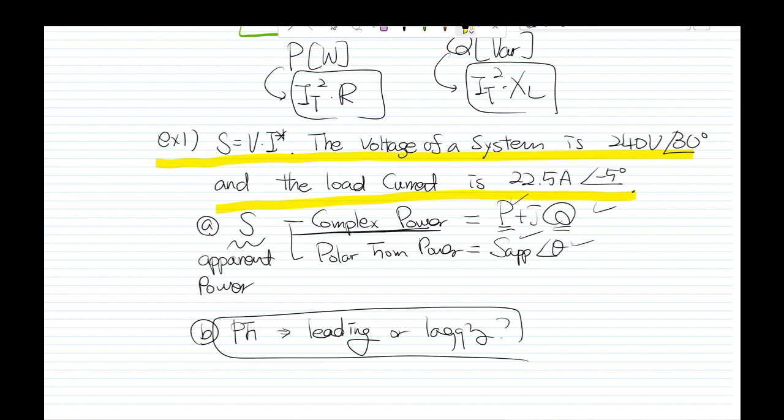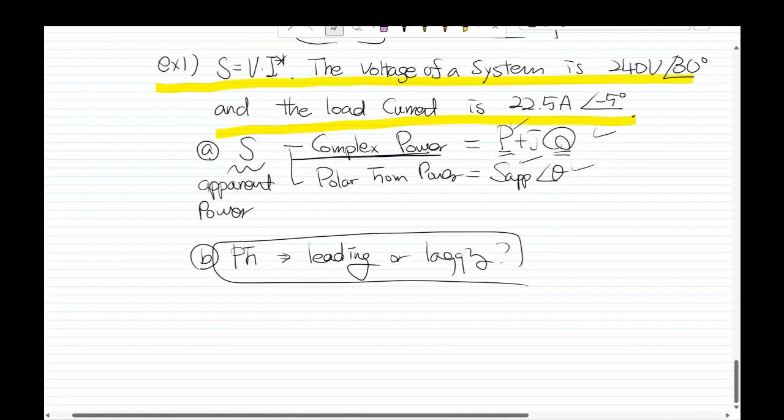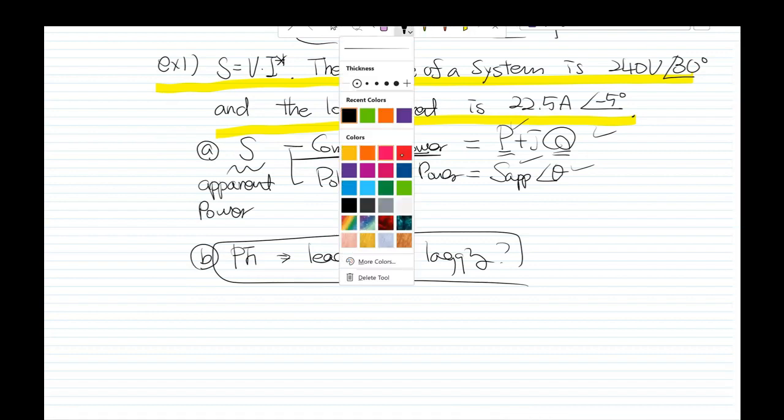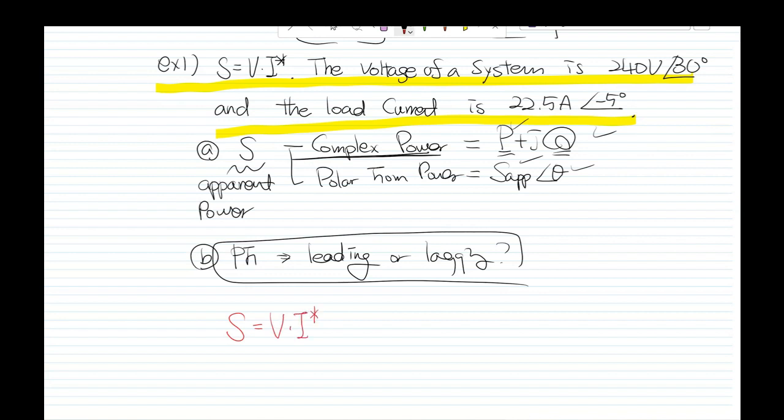Okay, so I will try to solve that one for you. All right, so for part A, what do we have to do? Right now I'm going to change the color to red. Okay. So S is the formula for apparent power, V I conjugate.